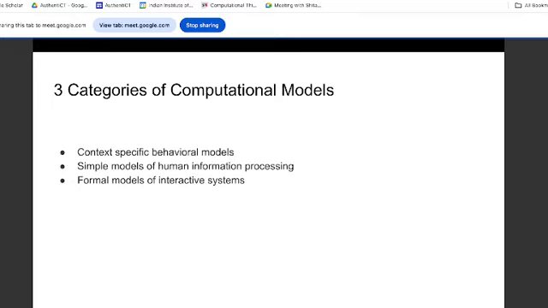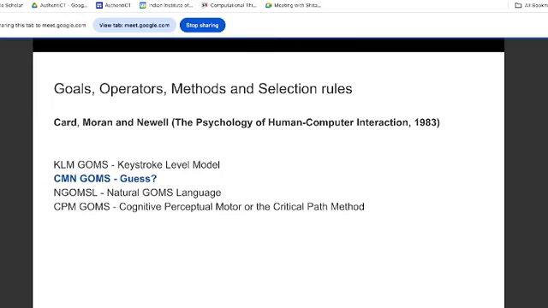The goals, operators, methods, and selection rules was created by Card, Moran, and Newell. The Psychology of Human-Computer Interaction was their seminal book, which came in 1983, in which they explain the goals, operators, methods, and selection rules, a set of rules for designing predictive computational models.